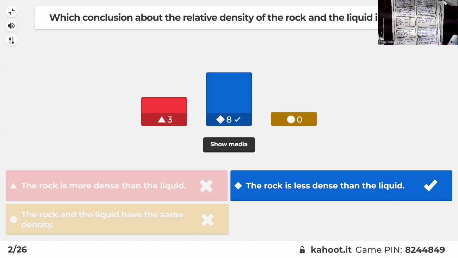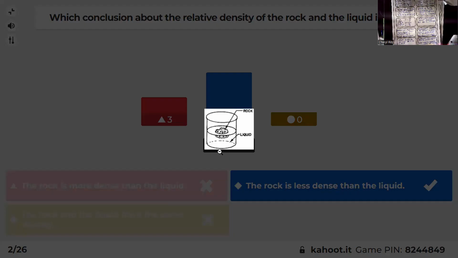So the rock is less dense. How do we know the rock is less dense? I did look at the picture. Oh, we didn't look at the picture. So when I say read all the words, I also mean look at the pictures. So I want you to read the picture, and you can see we've got a rock there, and this rock is actually floating.